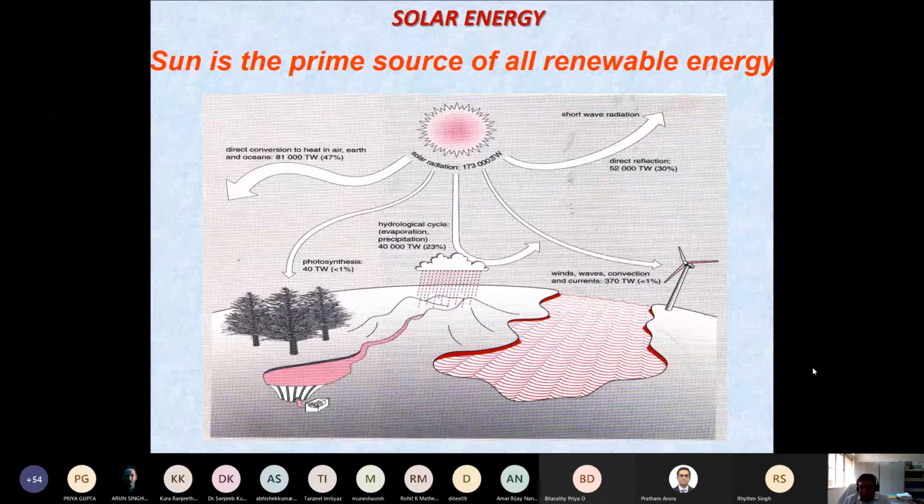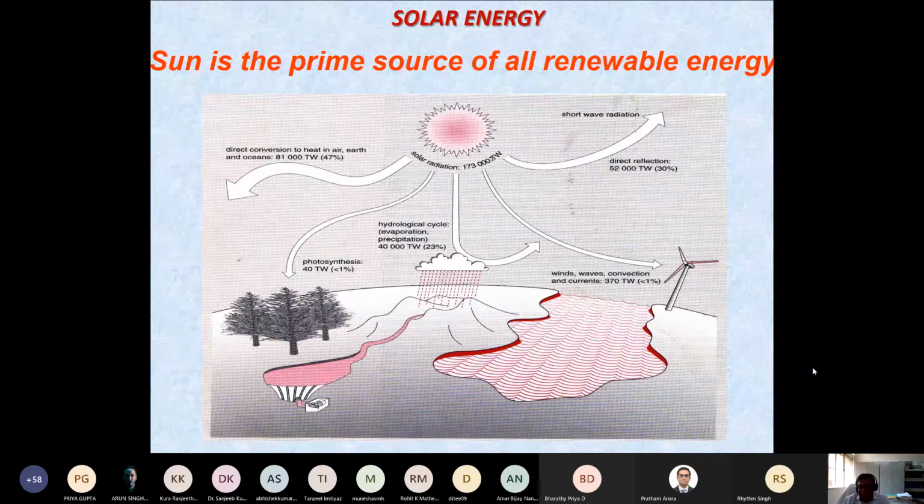So we should understand the energy input form and its nature also, and in what form it is available. Then we can think about designing the system.